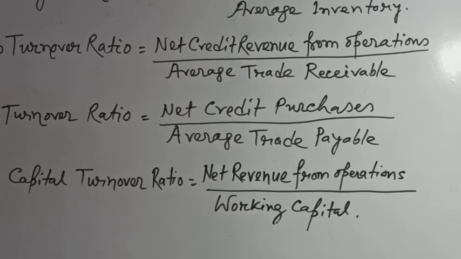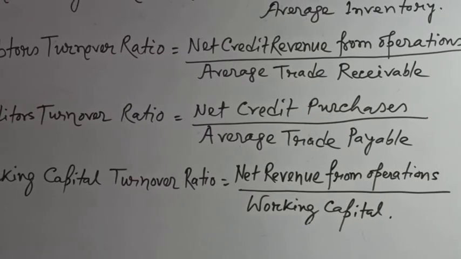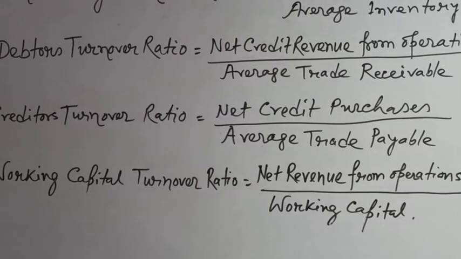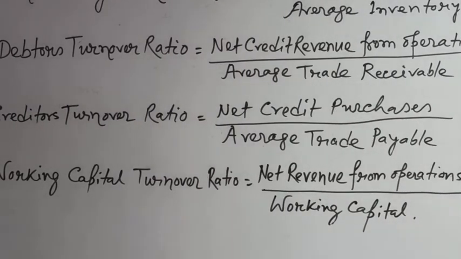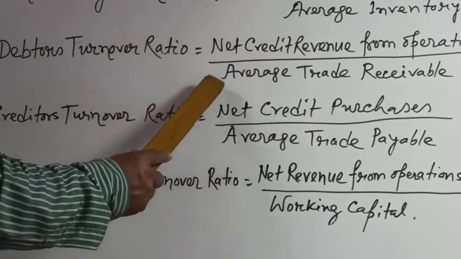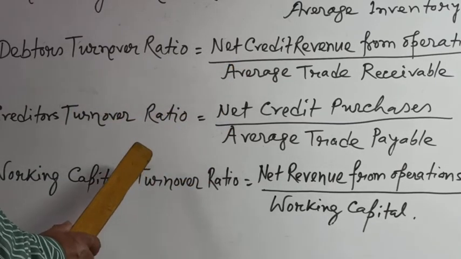What are the importance or significance of this ratio? This ratio indicates the speed with which the amount is being paid to trade payables. The higher the ratio, the better it is, since it indicates that the trade payables are being paid more quickly, which increases the creditworthiness of the business.